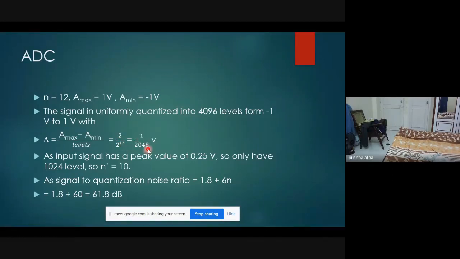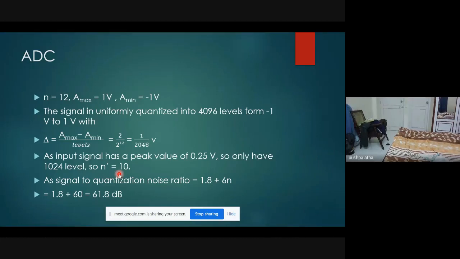As the input signal has a peak value of 0.25 volt, you can have only 1024 levels. You cannot take n equal to 12, because quantization is a rounding off, so you can take approximately n equal to 10.